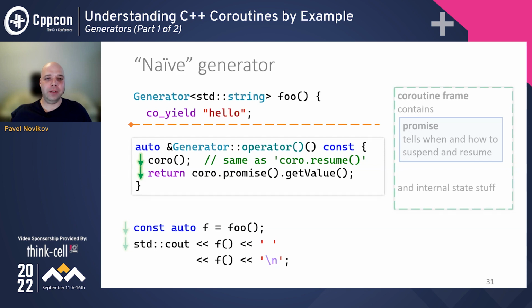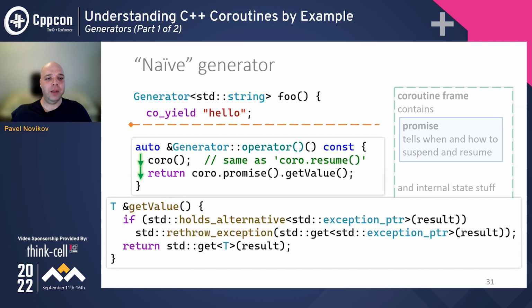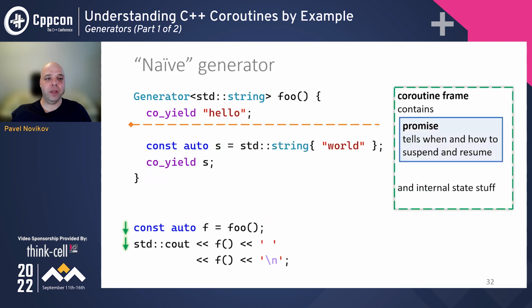We again call get_value on the promise object, and using the get_value function we check if we have an exception, then we throw that exception that was stored, and otherwise we just return a reference to the stored value. After that, the control returns outside again, and we can print that value that we got in the console.